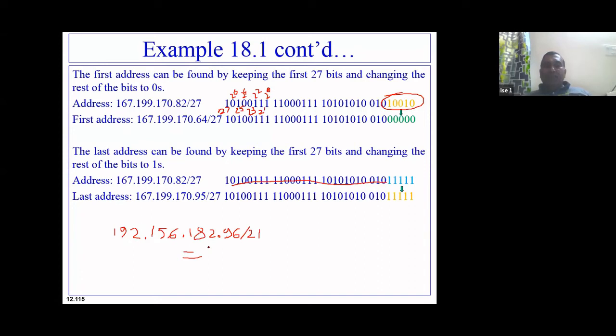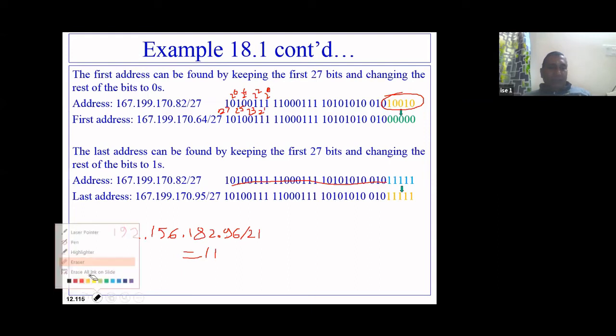What will it be? 2 to the power 7 is how much? 128. You got the idea? Then 2 to the power 6 is 32, I'll need. So 128 plus 32 is how much? 160. Now I have to have 32. 32 means 2 raised to power 5. Sorry, this cannot be.